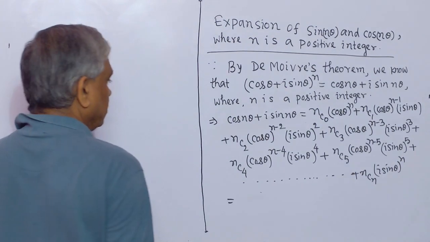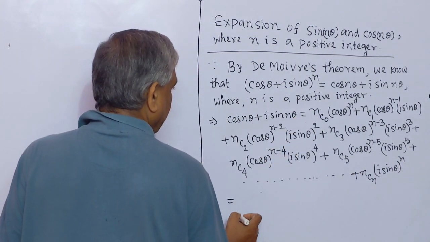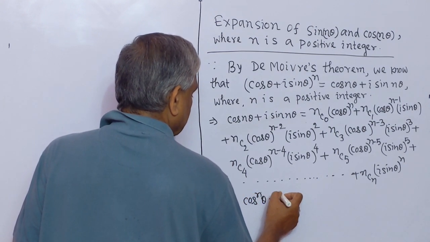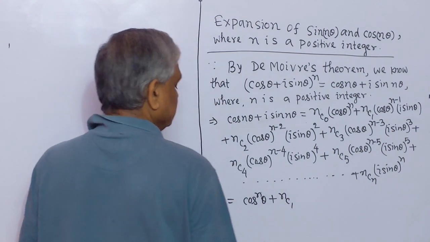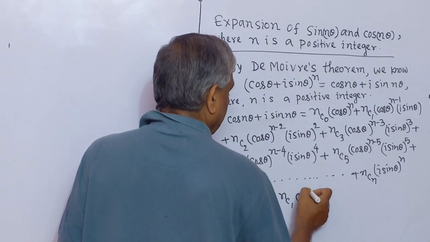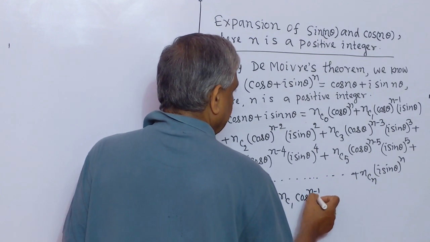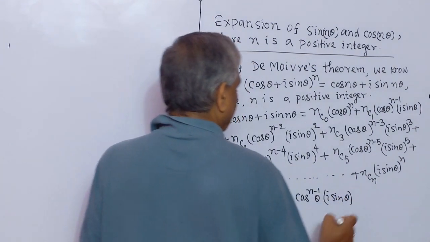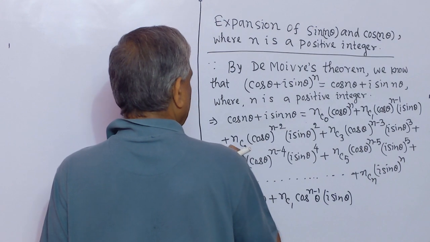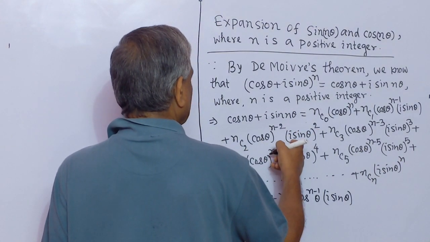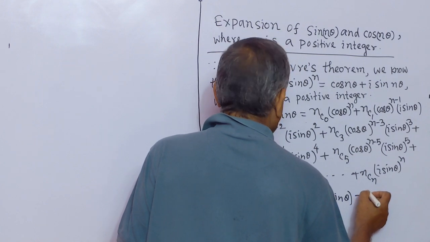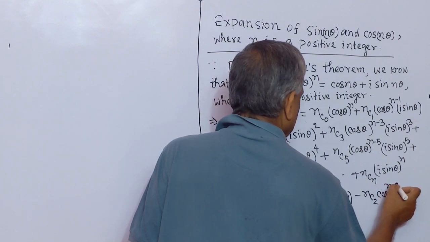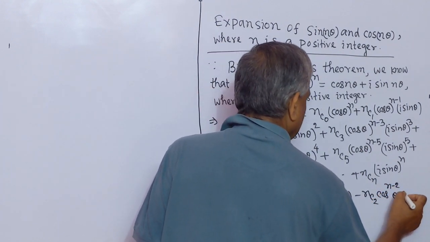This equal to nC0 means 1, then cos to the power n theta plus nC1 cos to the power n minus 1 theta i sin theta, plus here i square is minus 1, minus nC2 cos to the power n minus 2 theta sin square theta.